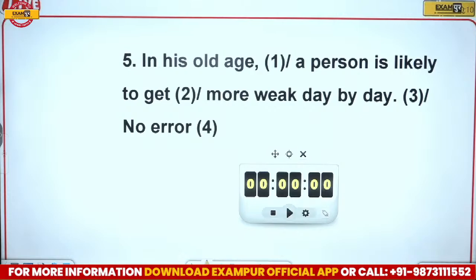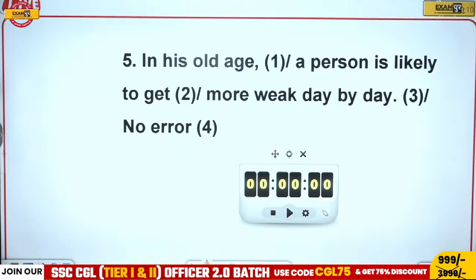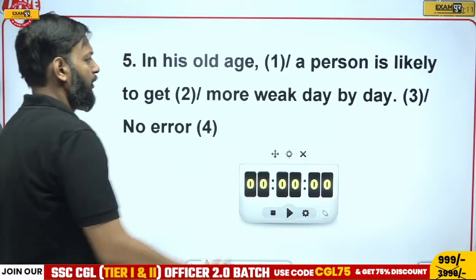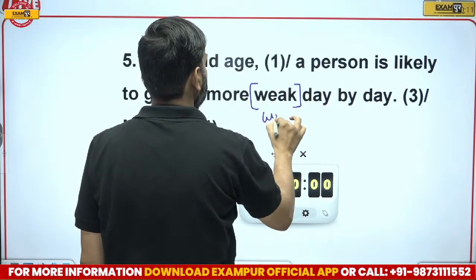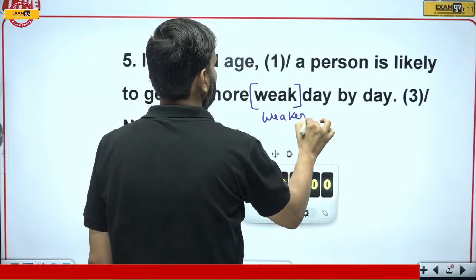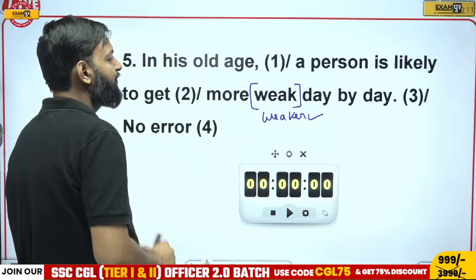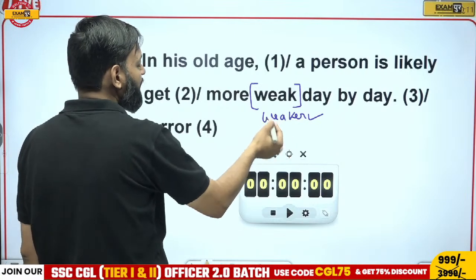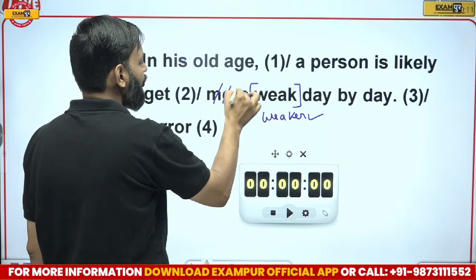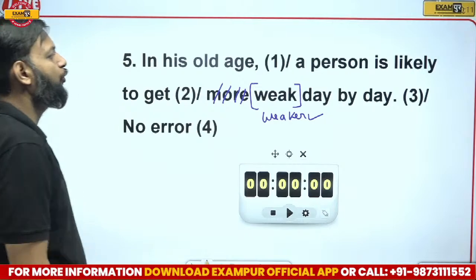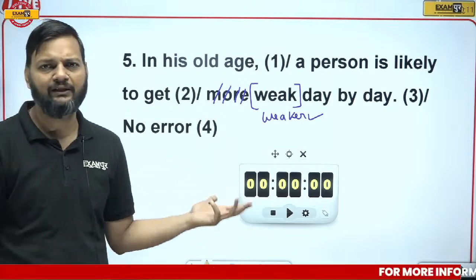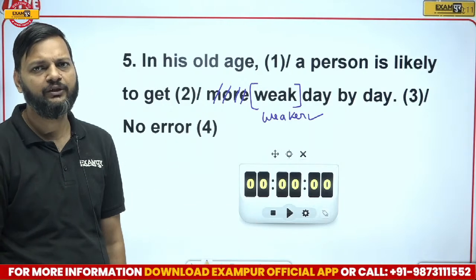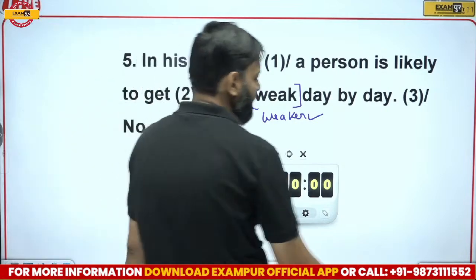See, comparative of weak is weaker. So weak will be replaced by weaker and more will be removed. So in his old age, a person is likely to get weaker day by day. Okay, this is a very easy question. Let's see the next one.